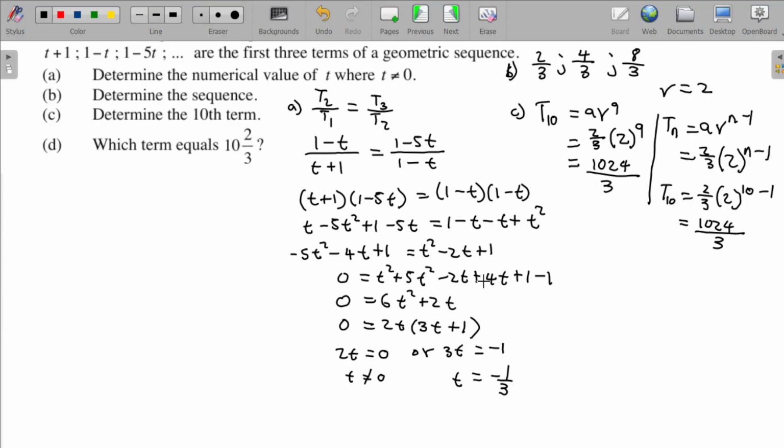Now number D, but see which term again. They say which term we are looking for? N. Now Tn, I already have it, which is this one, which is 2/3 into 2 to the power n minus 1. I know this is going to represent my Tn. Now this is a mixed fraction. Now you go to your calculator, you change this mixed fraction, you make it a normal fraction.